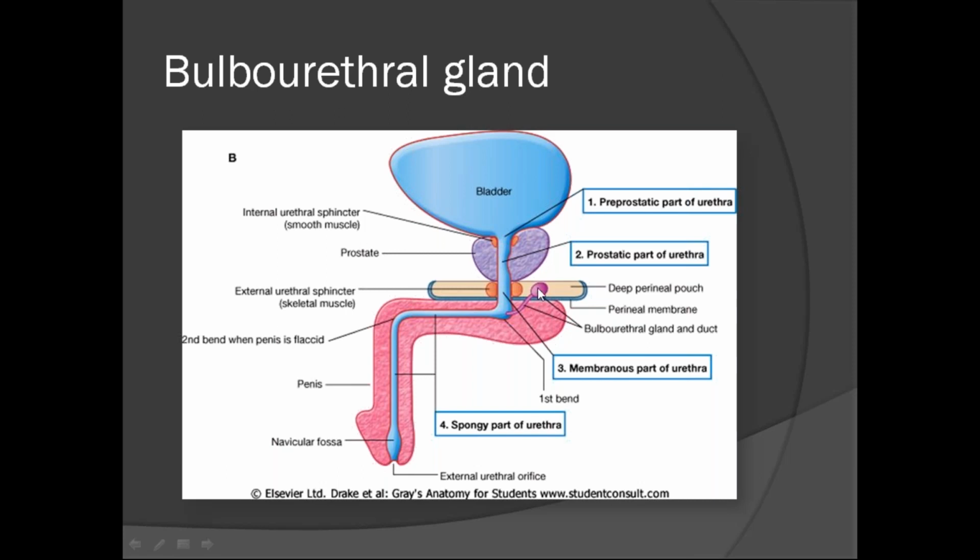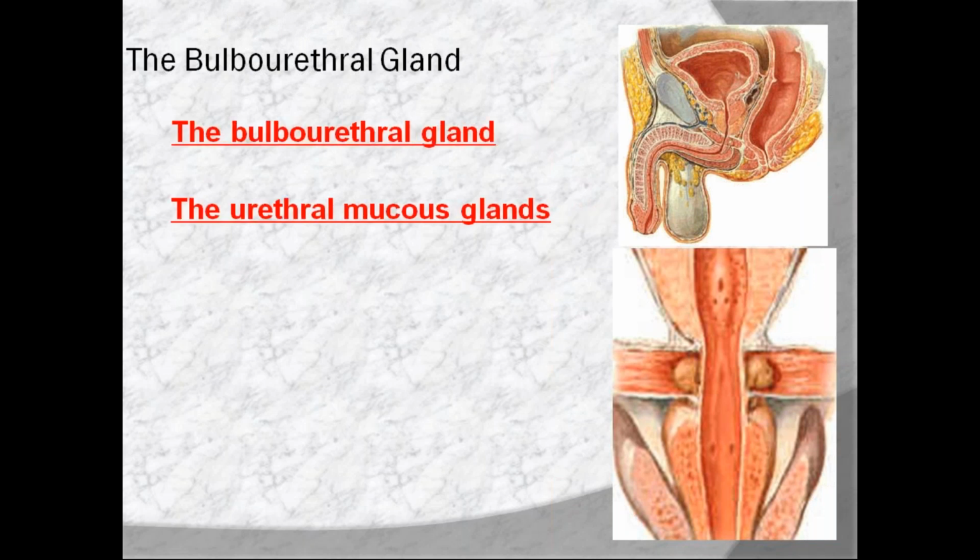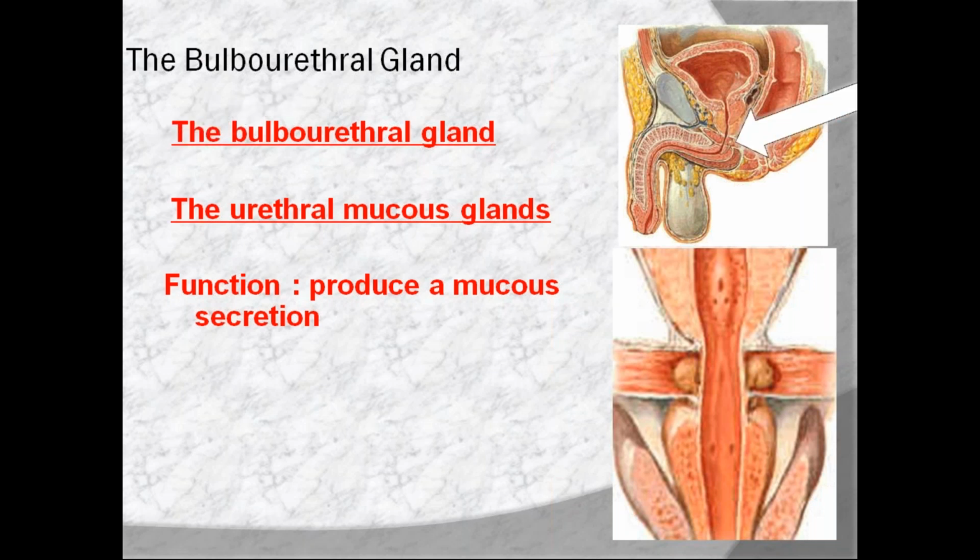Glands are situated in deep perineal pouch. Bulbourethral glands are situated in deep perineal pouch, ducts in superficial perineal pouch, right? The main function is producing mucus secretion.